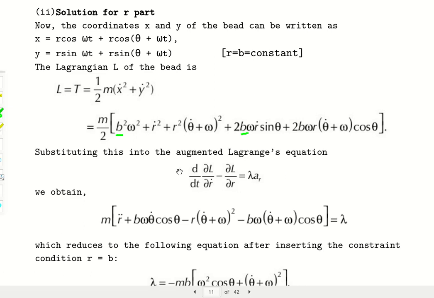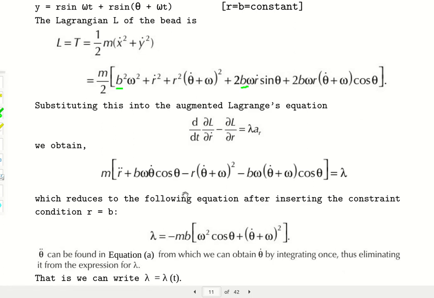We want to differentiate these things, and after differentiating with respect to R and R dot, you can put B in place of R.